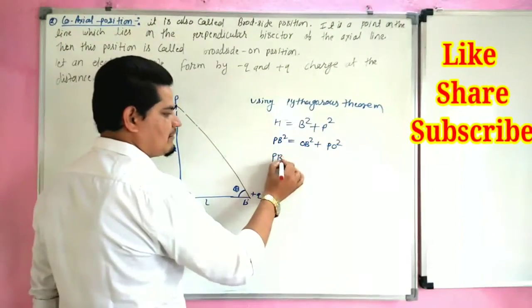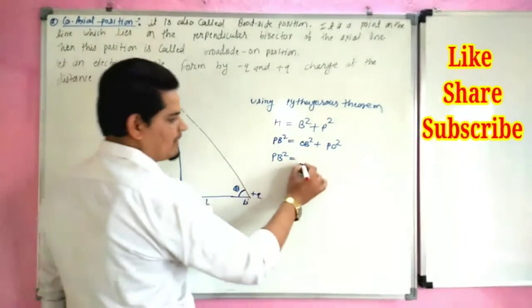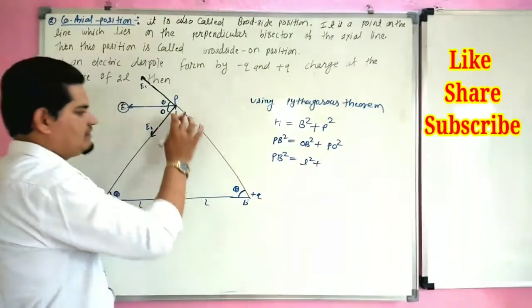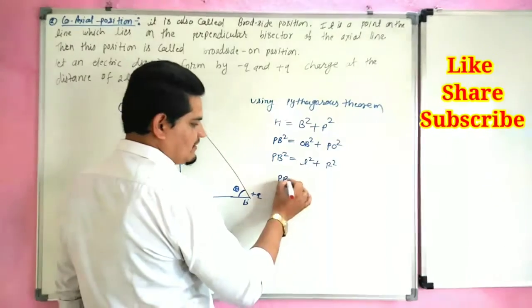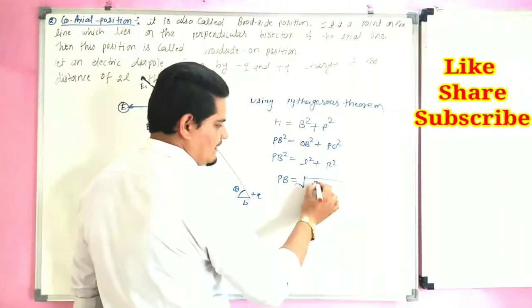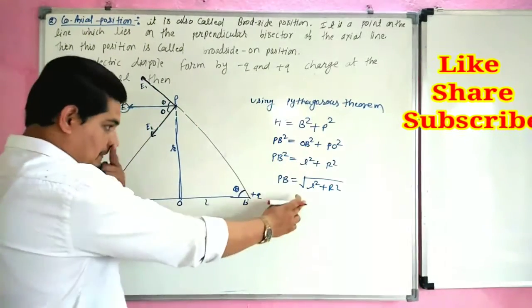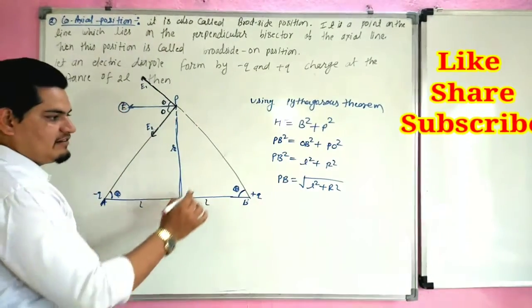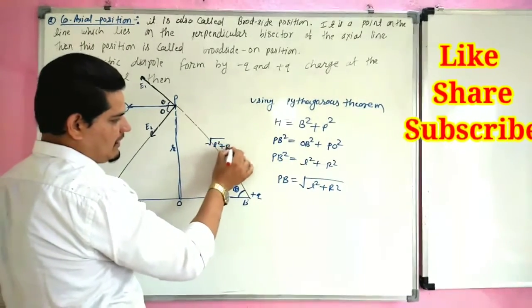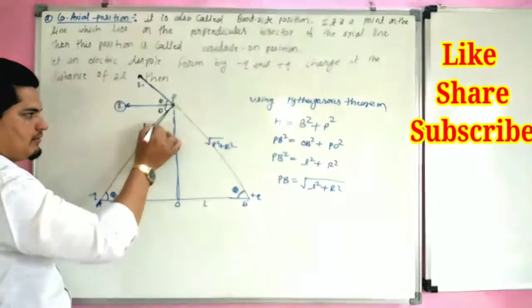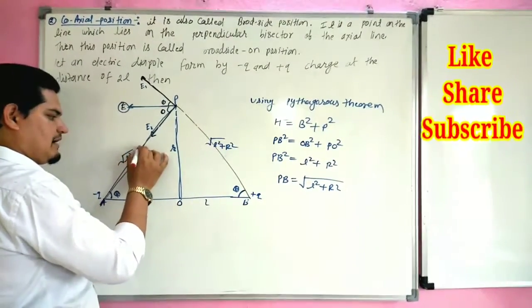So PB square equals OB square plus PO square. The distance of OB is L, so L square plus PO, the distance of PO, is r square. So PB equals under root L square plus r square. This is the distance of PB. Similarly, PA is also under root L square plus r square.